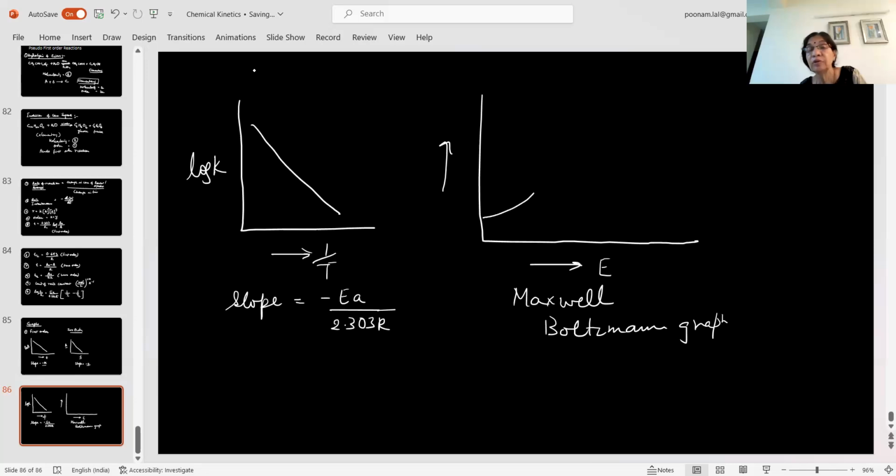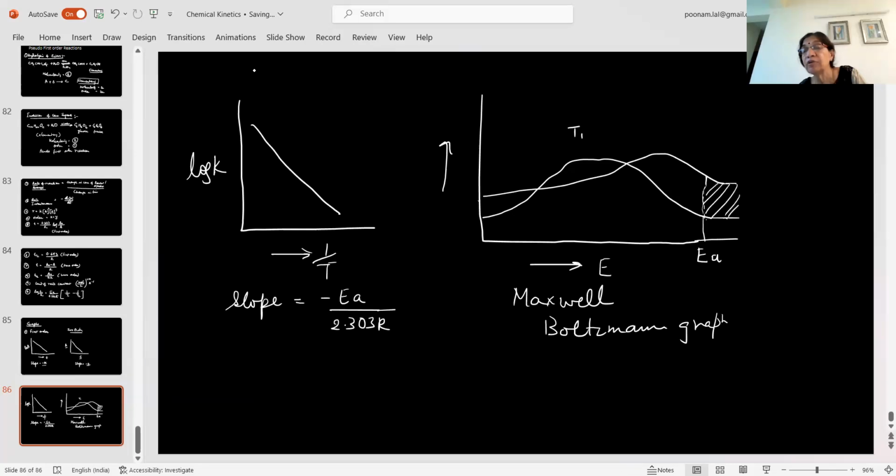So this is a graph at a particular temperature T1, and when I increase the temperature to T2, this is how you draw the graph, and this is Ea, the activation energy. So when I increase the temperature, the number of molecules which are able to cross the activation energy increases. So this is another graph which you should understand.